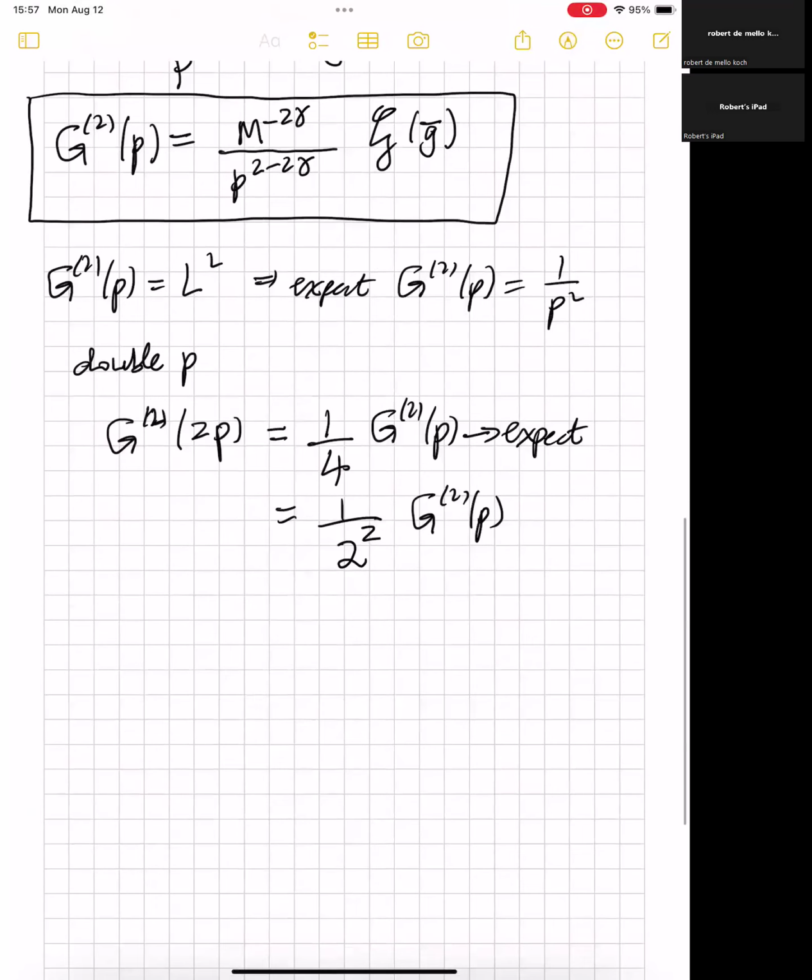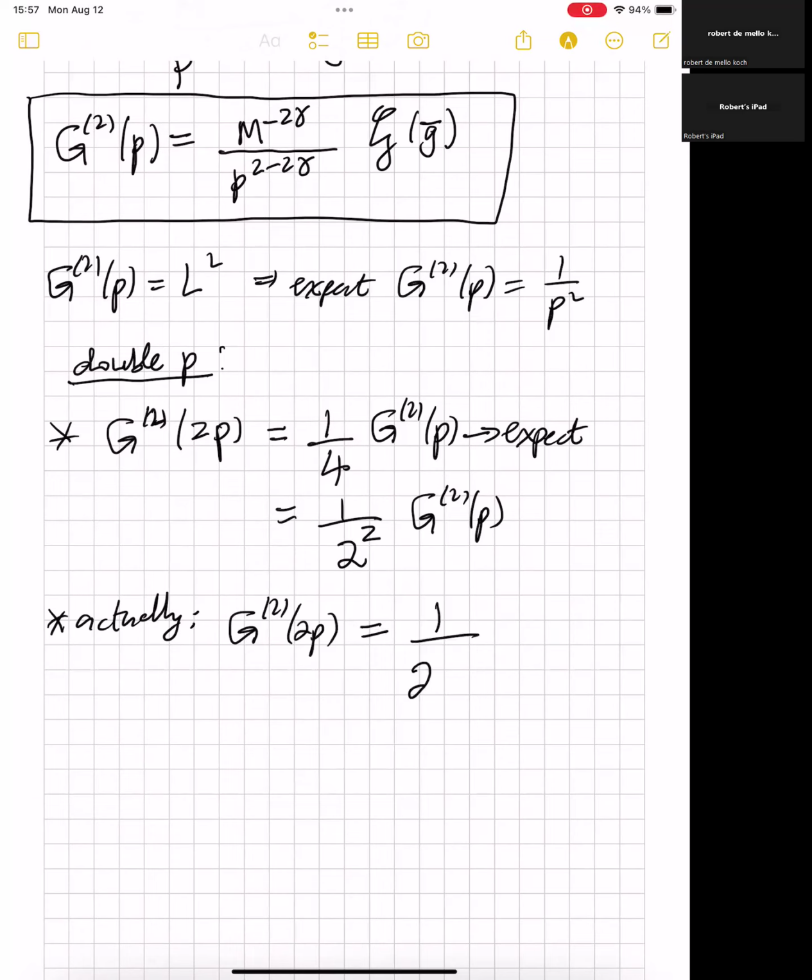What do we actually get? Actually, what we get is g2 of 2p, take a look at our formula over here, is 1 over 2 to the 2 minus 2 gamma.